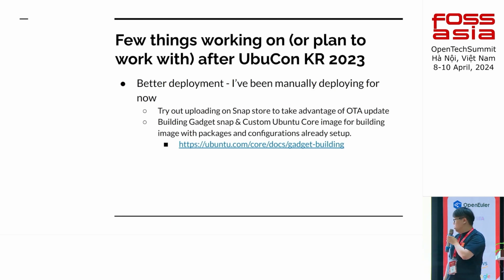Maybe I can try out some OTA feature that the Snap Store provides, or I haven't tried it yet, but I think I can also try using gadget snaps. I heard that it is for including configurations in the snap packages, so that I can deploy on multiple machines much more easily.